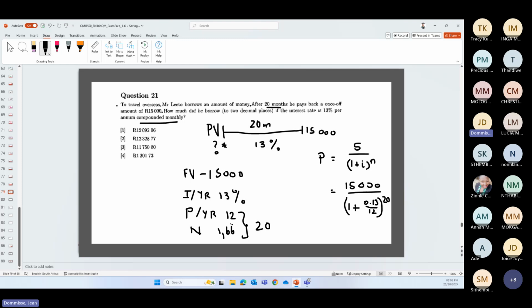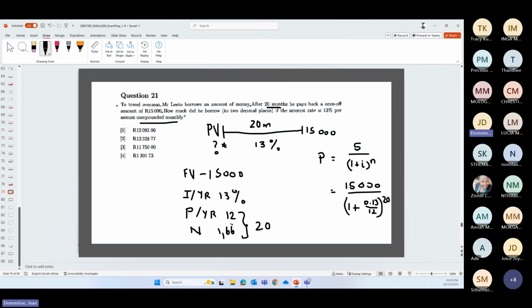Let me quickly put that in again. So let's start: 15,000 future value, 13% interest. Then we have 12 times per year. And if you look at the period, it is 20.